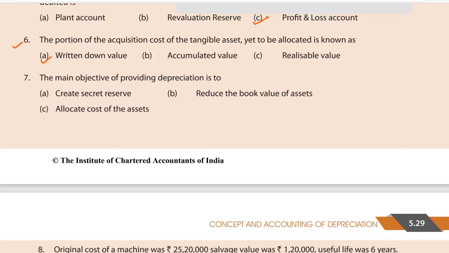Next question, question 7. The main objective of providing depreciation is to A. Create secret reserve, B. Reduce the book value of asset, C. Allocate cost of the asset.